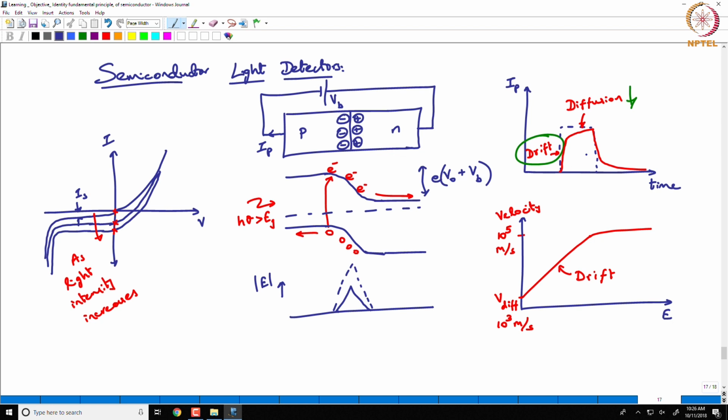But because only the carriers generated in the depletion region are under the influence of this drift process, the high velocity process, those are the ones that will come out of the photodiode first.